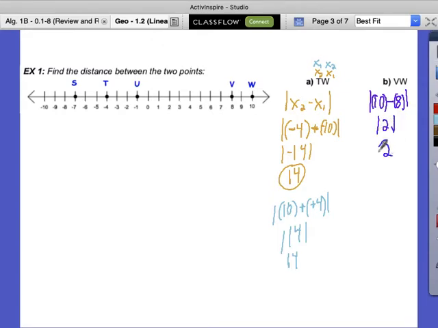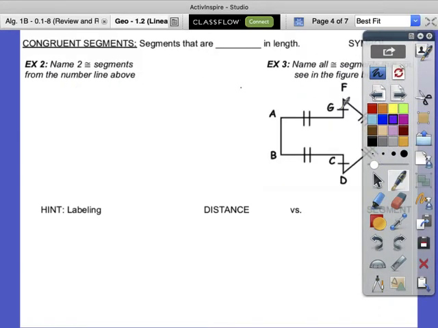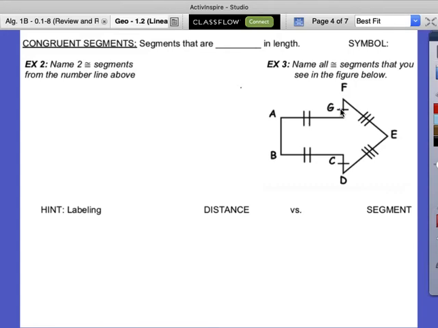Absolute value of 2 is 2. Also count 1, 2, or the other way, 1, 2. And we also could have done the absolute value of 8 minus 10. But regardless, the answer is 2. Questions on that one? Good.